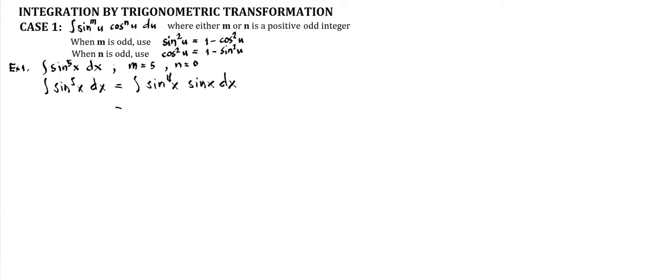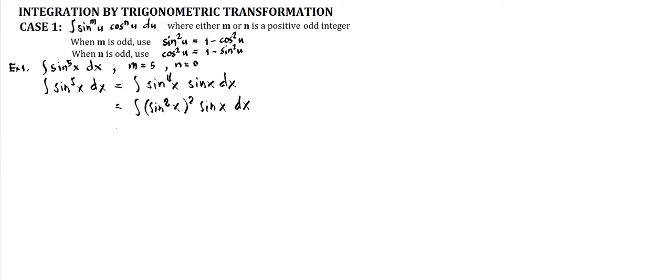Pagkatapos, yung lahat ng sine squared ay ililipat natin sa 1 minus cosine squared. So, yung sine to the fourth, meron tayong dalawang sine squared. At yung sine to the fourth ay equal din sa sine squared of x quantity squared, and then times sine of x dx.